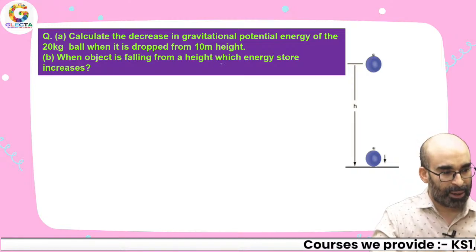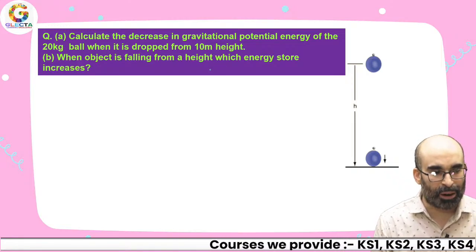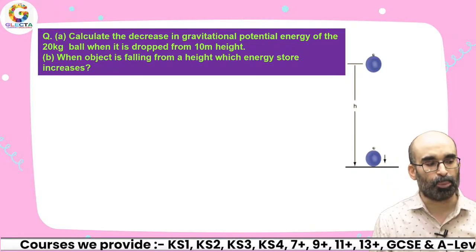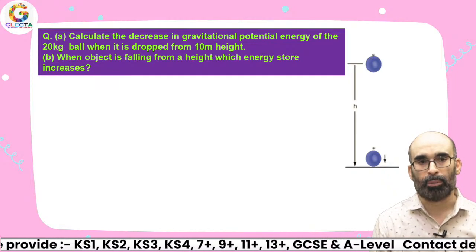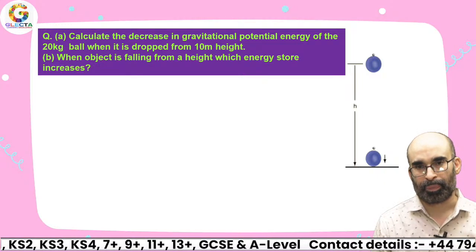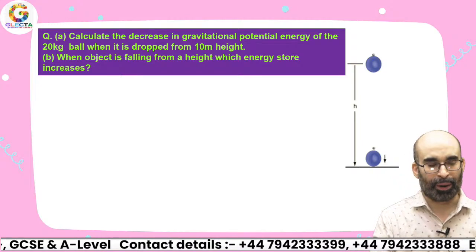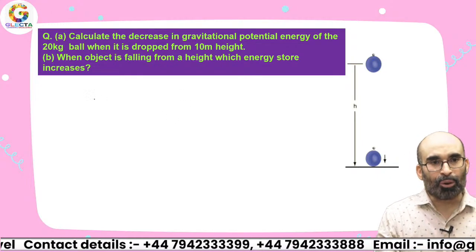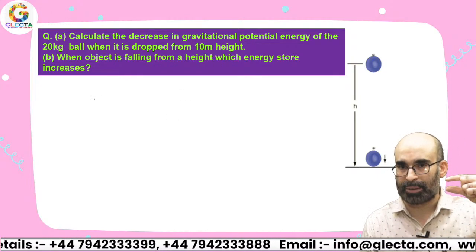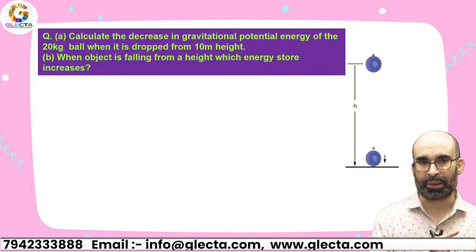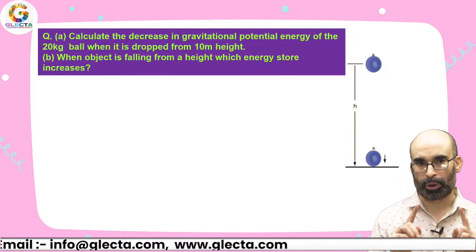All right, now I want you to do this question. Go ahead. You need to calculate the decrease in gravitational potential energy when a 20 kg ball is dropped from 10-meter height. Whether you talk about decrease or increase, the equation will remain the same.